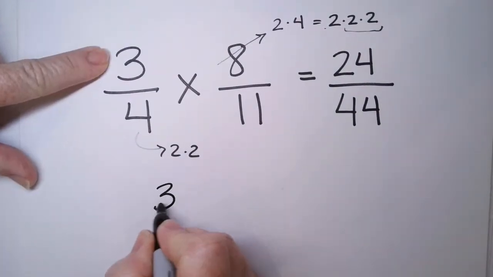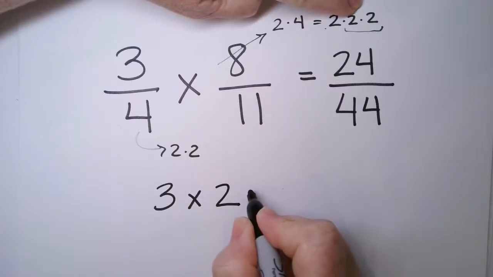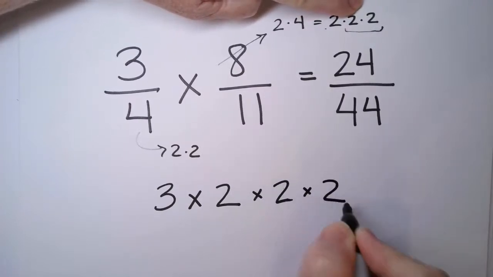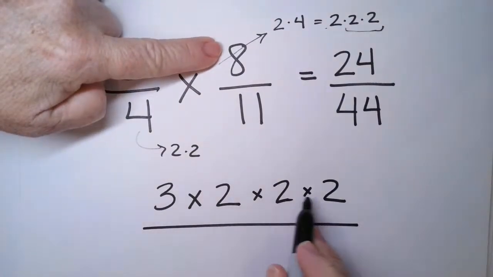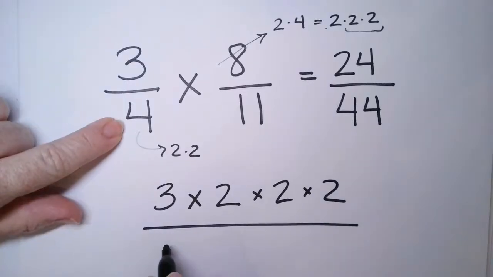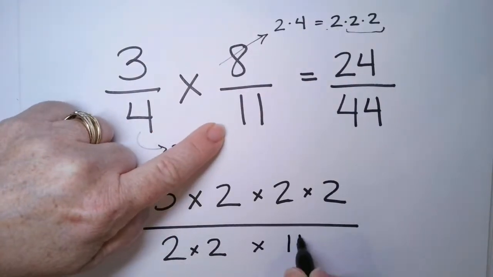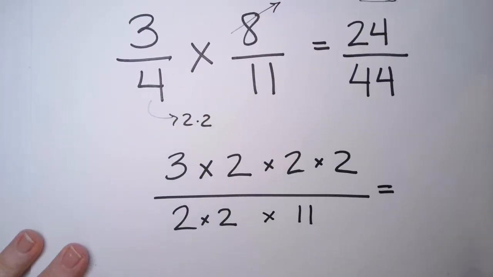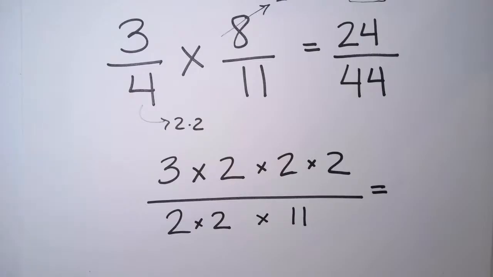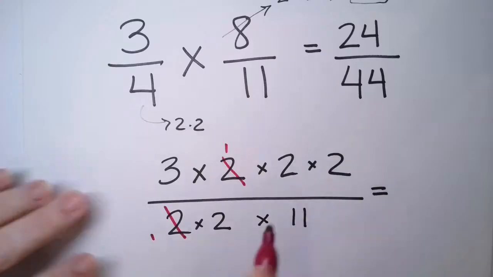This is going to be 3 times 8, which is 2, 2, 2 multiplied together. 4 is 2 times 2. What's 11? It's just 11. Can't go any smaller. Can you help me cancel? What do you see? Yep, this one cancels with that one, so that becomes a 1.